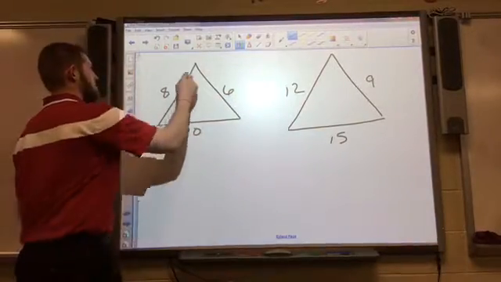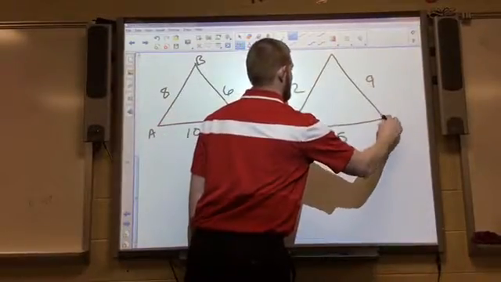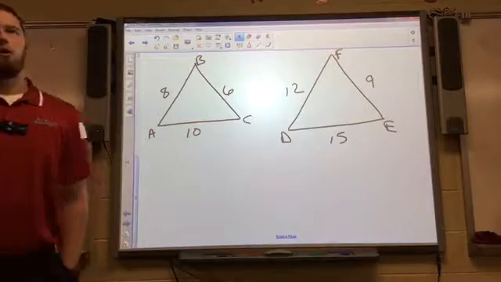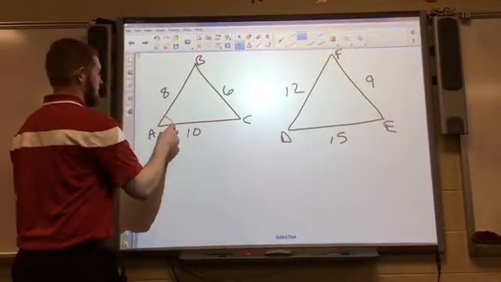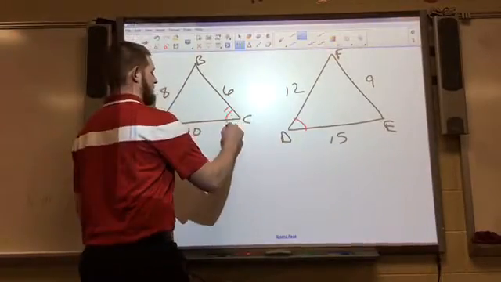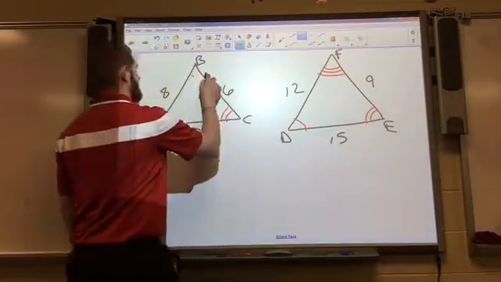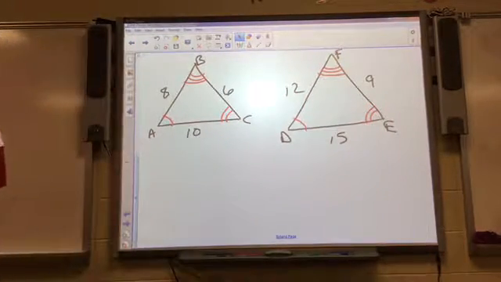Okay, so I have A, B, C, D, E, F. And then they go ahead and they give me this information. And your angles are always going to be congruent in similar figures, your corresponding angles.